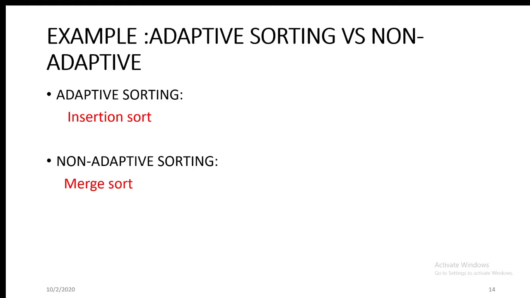But merge sort is a non-adaptive sorting algorithm, because the order of the elements in the input array doesn't matter; the time complexity will always be O(n log n).